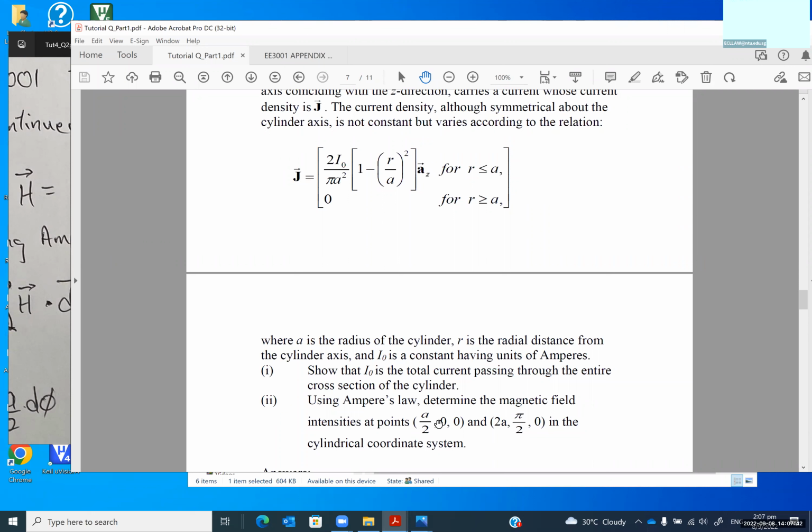Where is the field vector? It's basically from the origin pointing to that point. Okay, cylindrical, how do you do that? You start with a circle. You draw a circle of a over 2 in this case, because r is a over 2. So first, from the XY plane center, you draw a circle of a over 2.